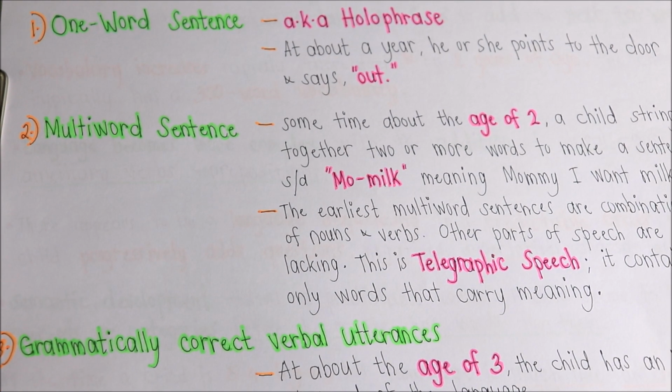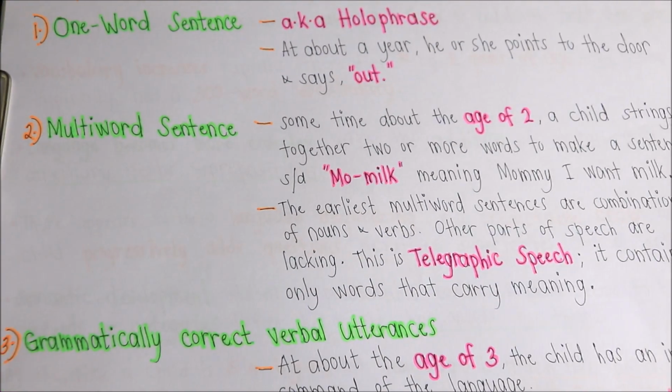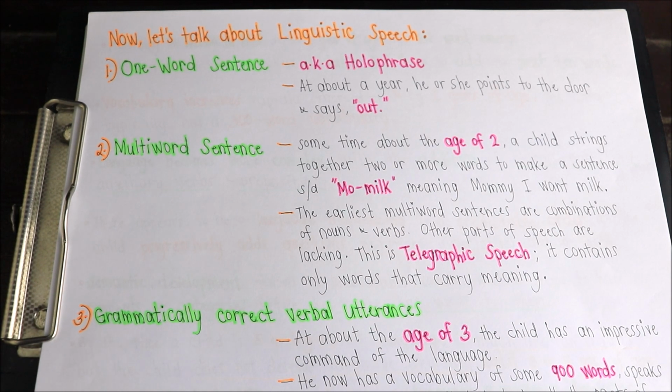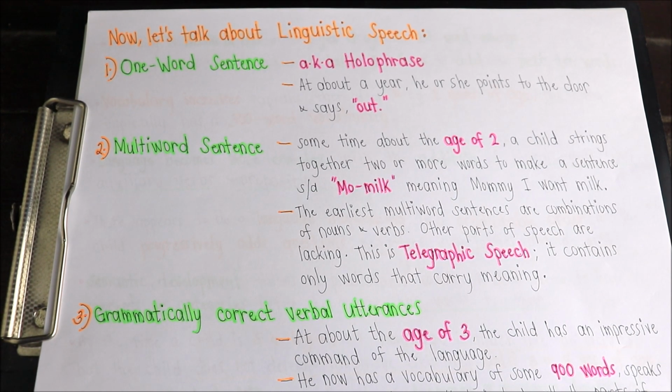Sometime about the age of 2, a child strings together 2 or more words to make a sentence, such as "Ma milk," meaning, "Mommy, I want milk." The earliest multi-word sentences are combinations of nouns and verbs. Other parts of speech are lacking. This is telegraphic speech. It contains only words that carry meaning.